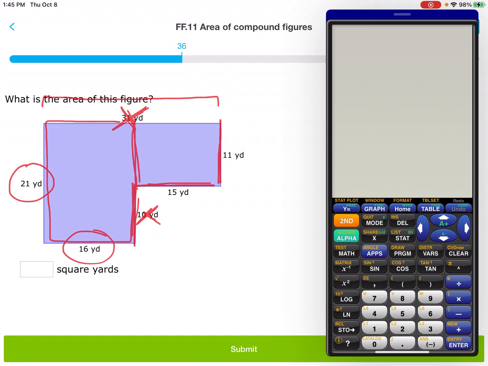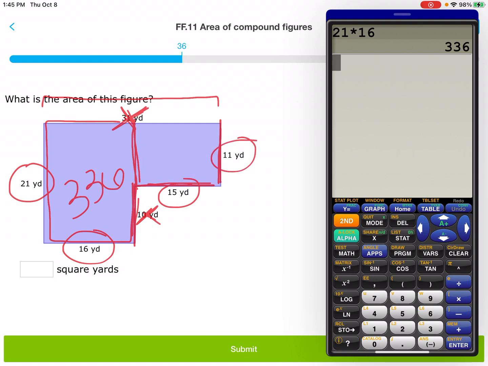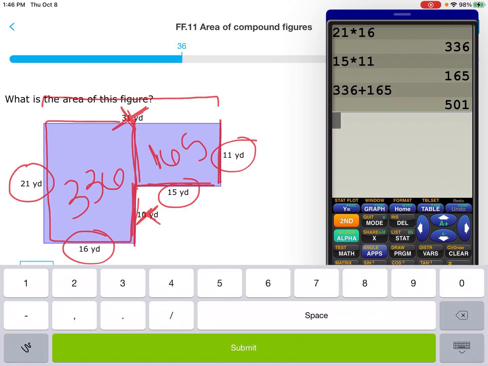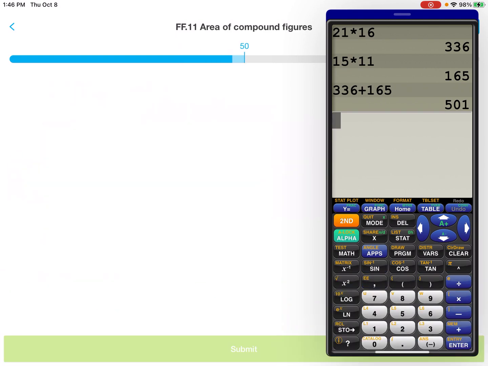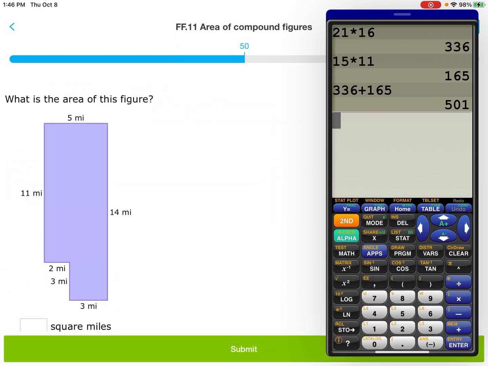So for the first rectangle, 21 times 16 gives me an area of 336. For the second rectangle, 15 and 11 gives me an area of 165. To find the total area, I'm going to add those two things together, and I get 501. So that is the example for how to work through these problems.